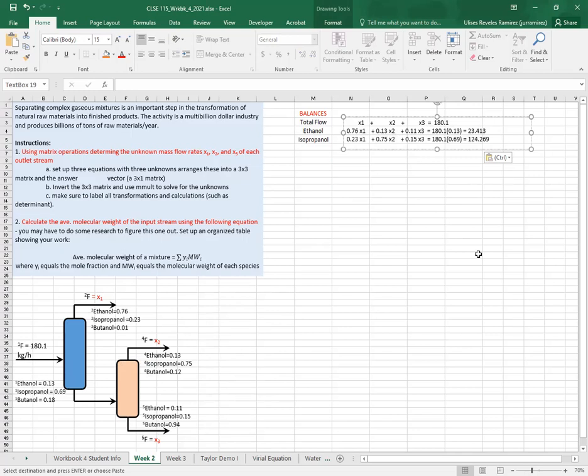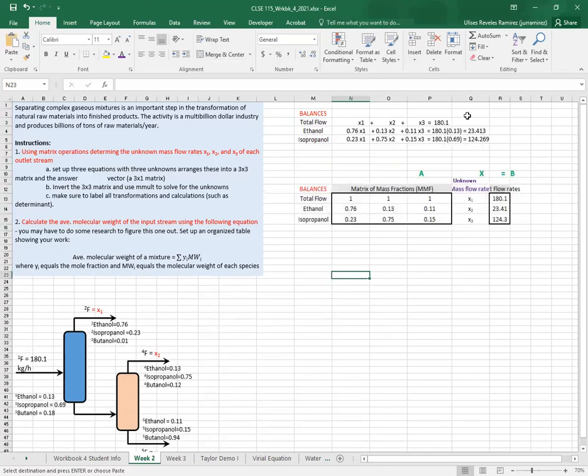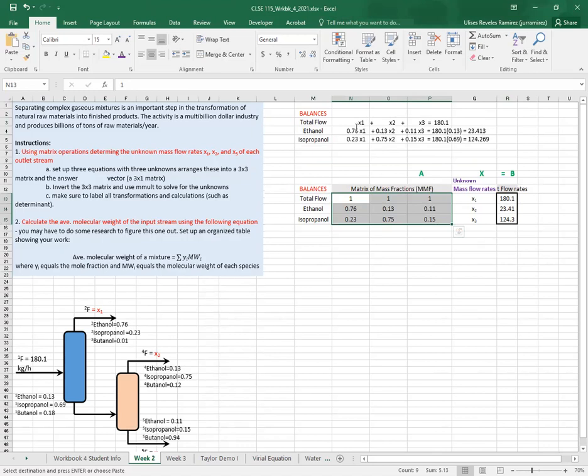Again, we can solve this by process of elimination or by substitution. But instead of that, we want to use matrices. So I can transform this into a matrix form, which I'm going to write this way. Remember, this is exactly the same as I wrote above. So this is the matrix of the coefficients, 1, 1, 1, times X1, X2, X3 equals 180.1.